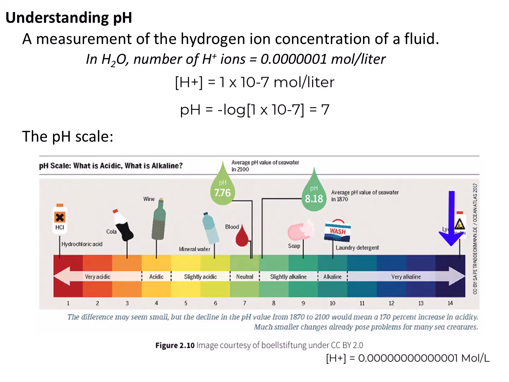That's 13 zeros and then 1. This is much lower concentration of hydrogen ions than something that has a pH of 1. Solutions with a very high pH have a much lower concentration of hydrogen ions. Acidic solutions have an increasing concentration of hydrogen ions, whereas alkaline or basic solutions have a decreasing concentration of hydrogen ions.